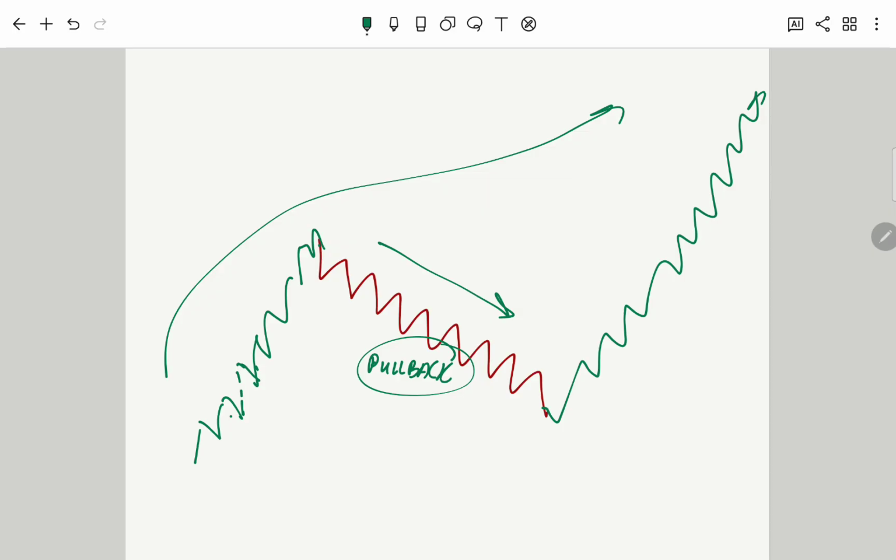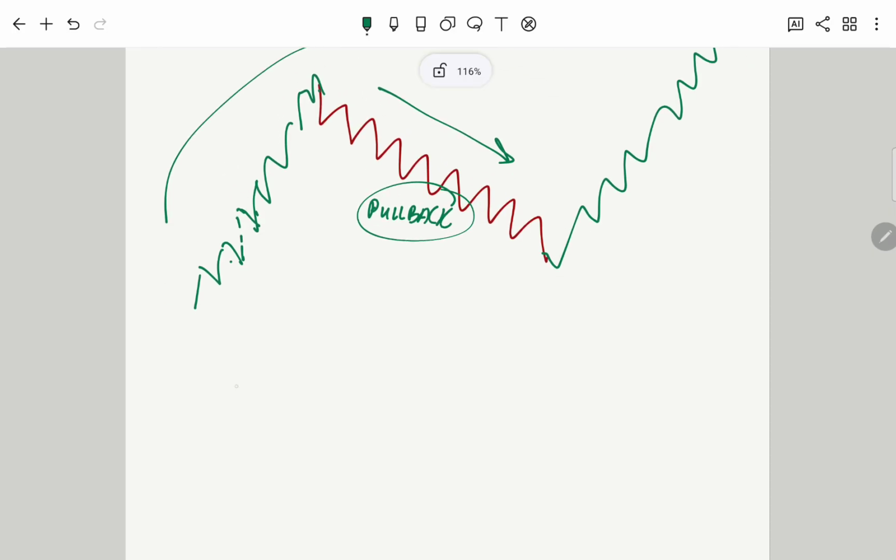Second question is, why in the first place are we so interested in the trends? We are so interested in the trends because price loves trend. What does that mean?